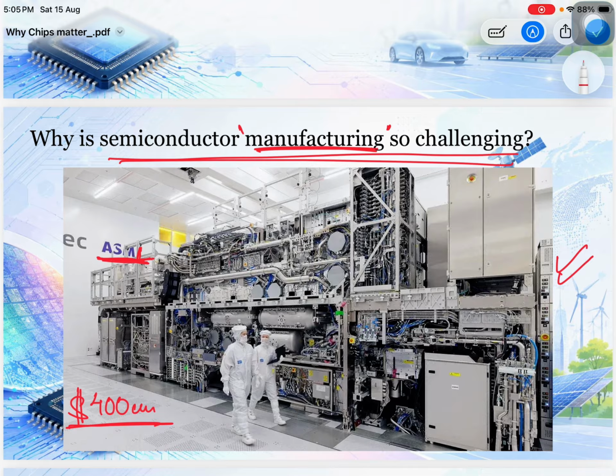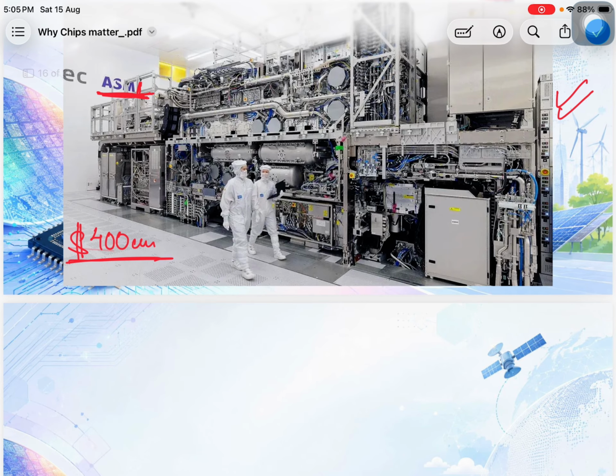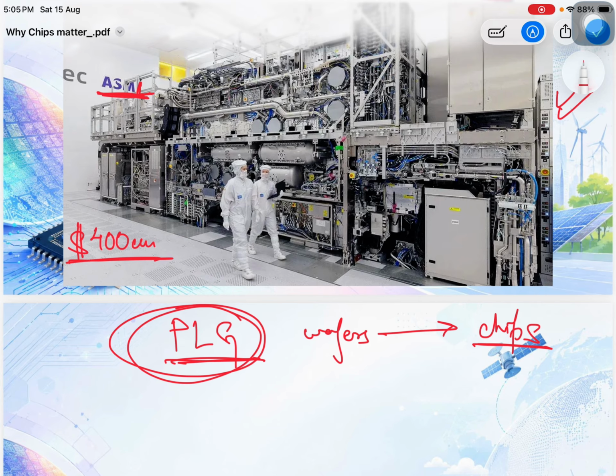And this machine, what we discussed in the fabrication process, is the machine which actually performs the photolithography over the wafers, which in turn further get converted into chips. So we understood this photolithography.